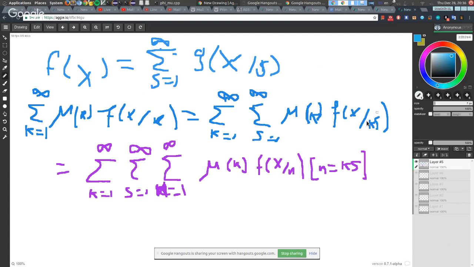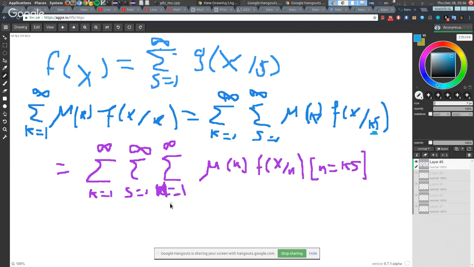This third factor will be equal to 1 only if this condition is true, so it will happen only when n is equal to ks. Basically, this summation will always be 0, except for one element when n is equal to ks.